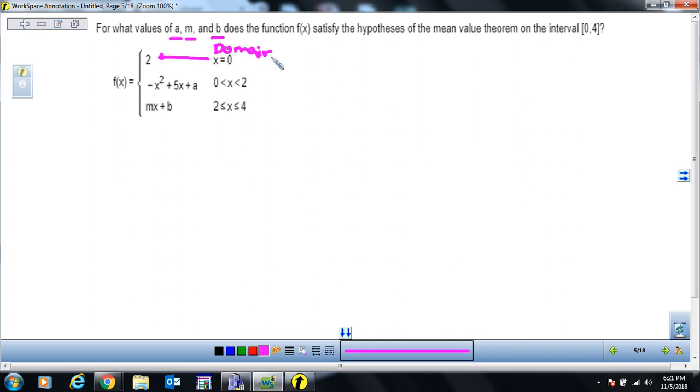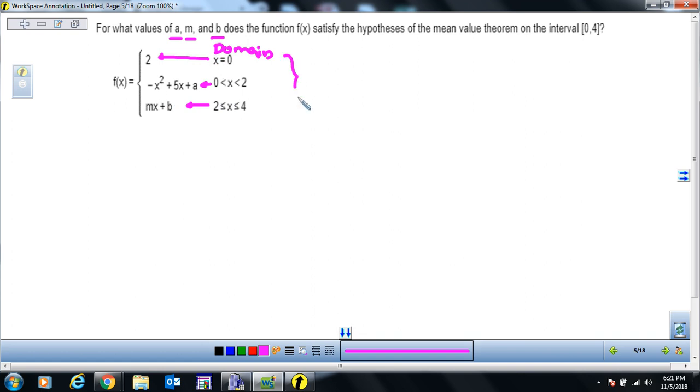The restrictions on the domain of each of these three functions. When x is 0, this is 2. When x is between 0 and 2, but notice that you're not including the 0 and the 2, just any number that is within, this is the equation we're going to be using. And when x is between 2 and 4, including the 2 and including the 4, this is the function that I'm using. So let's start by saying that, okay, overall, I'm telling you that each of these three functions has its own domain.